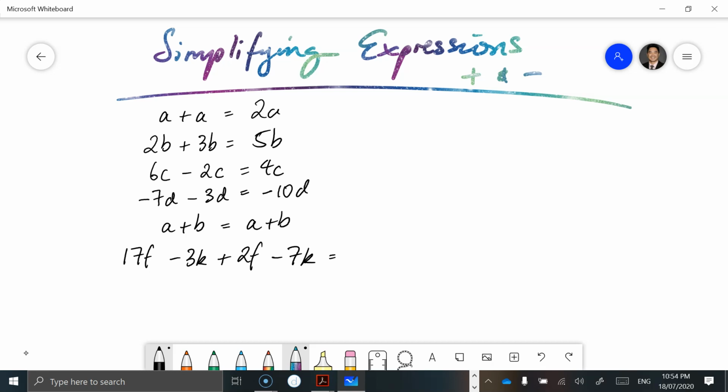So you combine like terms is the phrase, and we have a term with an f, another term with an f. So we've got 17 frogs. We're going to add another 2 frogs, so we're going to have 19 frogs. We've got minus 3 kites, and we're going to take away another 7 kites, and so therefore we're going to have minus 10 kites. So that's going to be our simplified expression when we combine terms.